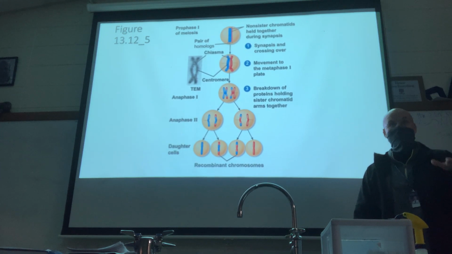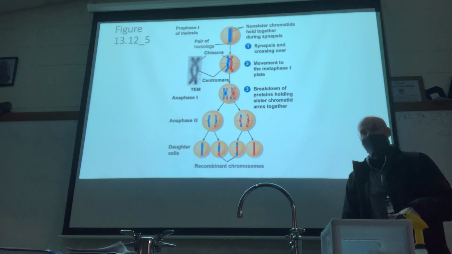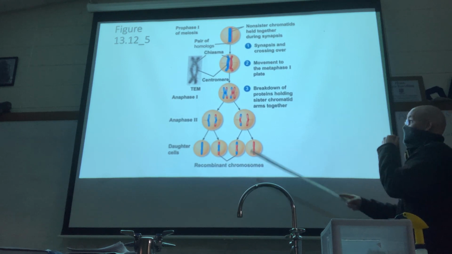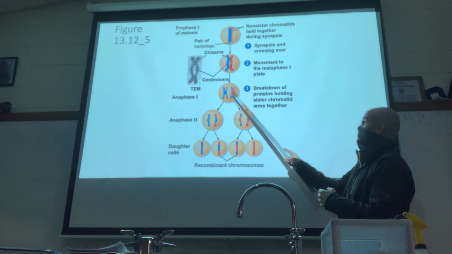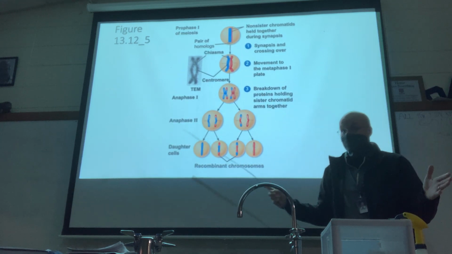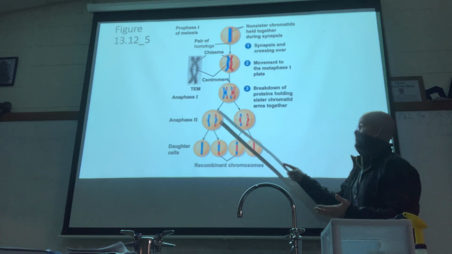It's all about creating diversity and variation. Again, it's like shuffling a deck of cards. Now, they only show anaphase because they're just showing the separation of these two, which is what happens during anaphase.